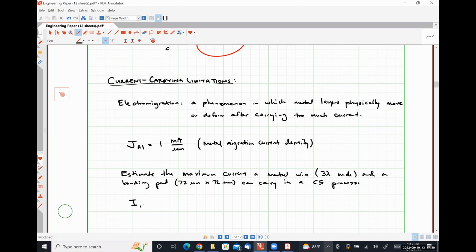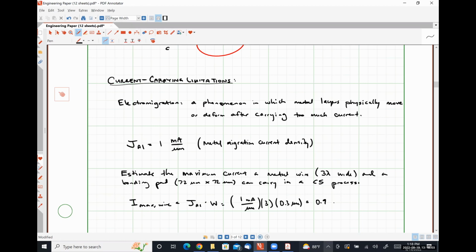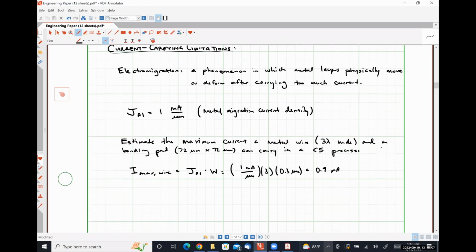All right. So for the wire, this is fairly straightforward. We have our threshold current density multiplied by the width, 1 milliamp per micron times 3 times 0.3 microns is 0.9 milliamp.